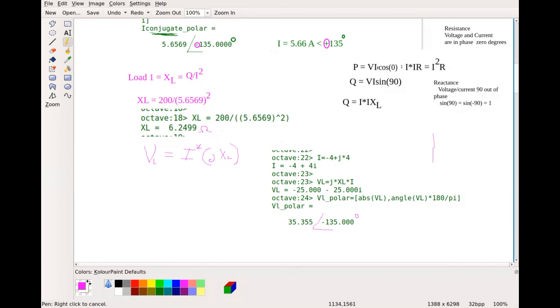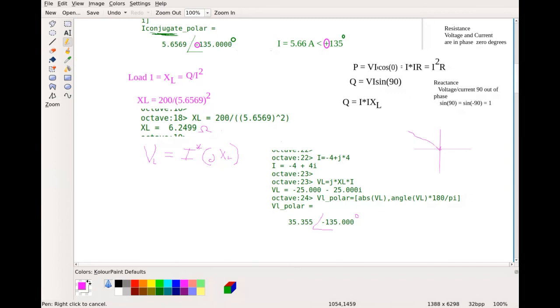But if you think about your plot like this, let me see if I can draw this right.